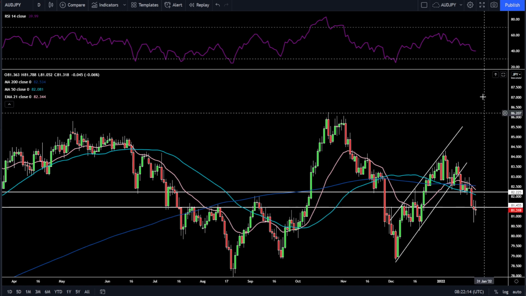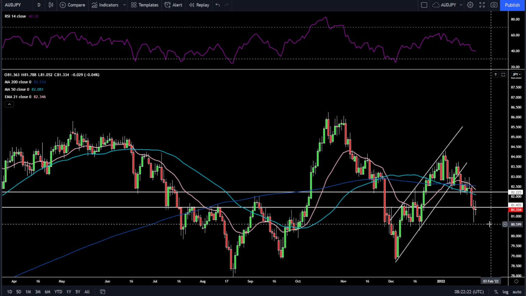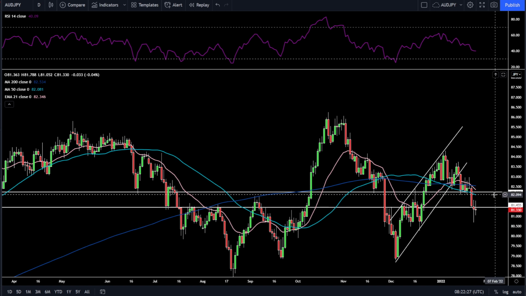Again, still some uncertainty. The RSI has still got a bit of room to run if it was to push lower further to get to oversold territory. Targets wise, I'd go back down to 80.50. And then on the upside, I'd be trying to target basically the 50-day simple moving average, or here this 82 former support, which now will turn resistance.